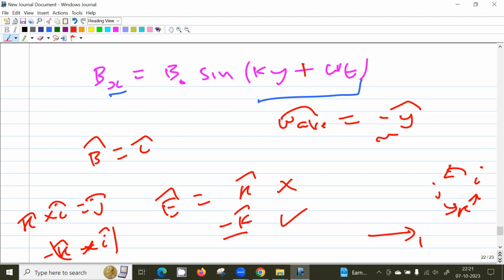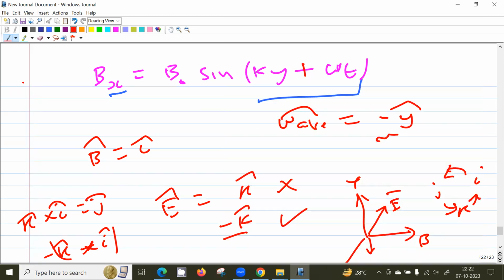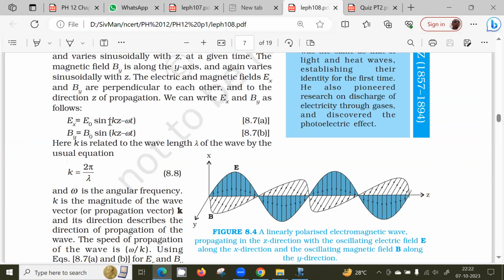So this is the direction of the magnetic field, and suppose this is the x axis, this is the y axis, and the z axis is outwards. The electric field is in this direction, and the wave is traveling downwards. So the basic thing is, looking at this argument, I can get the direction of propagation of the wave.